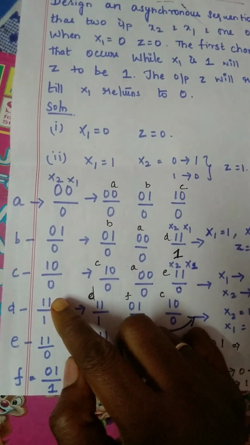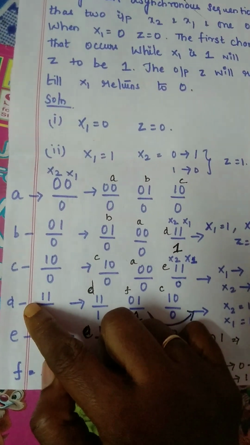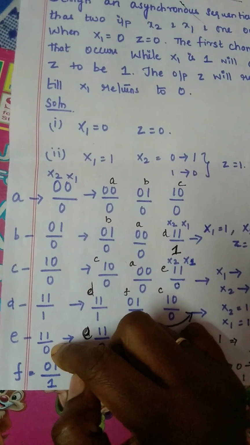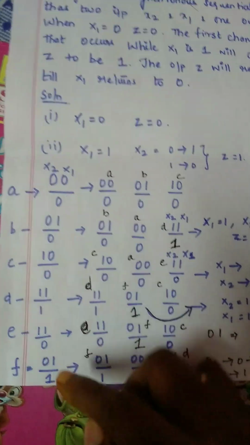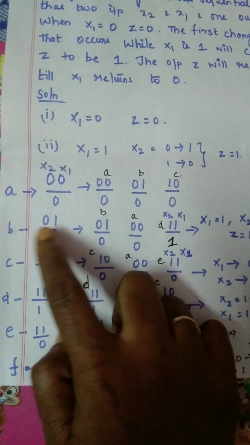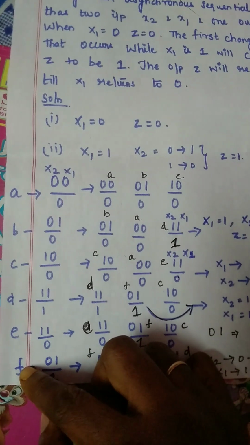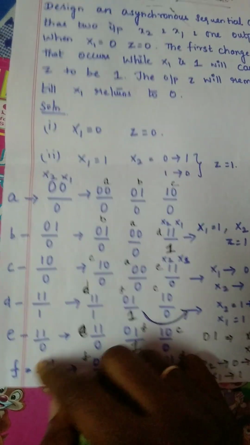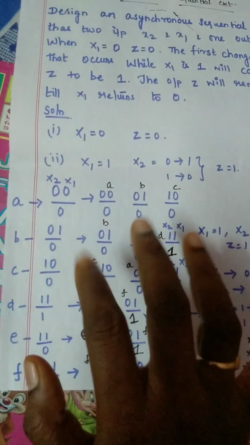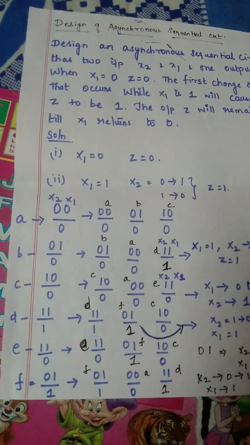If your state is 1 1 and your output is 1, that has been assigned as D. If your state is 1 1 and your output is 0, that has been assigned as E. And finally 0 1. Already 0 1 is here, but your output is 0, that has been assigned as B state. If your output is 1, that has been assigned as an F state. So like this, we have to derive this. Why are we deriving this? By deriving this, we want to draw the state diagram. Next, we are going to see the state diagram.